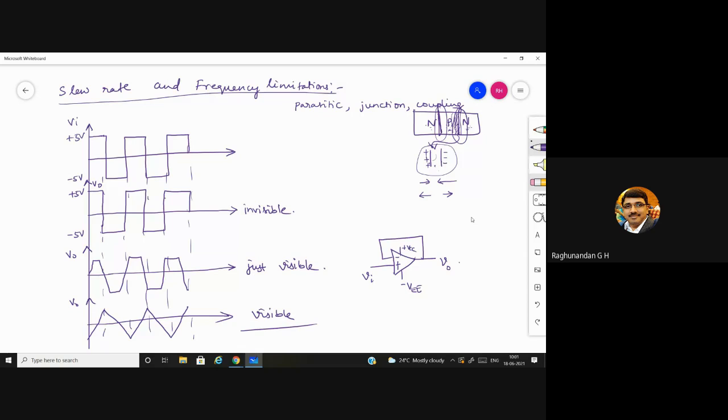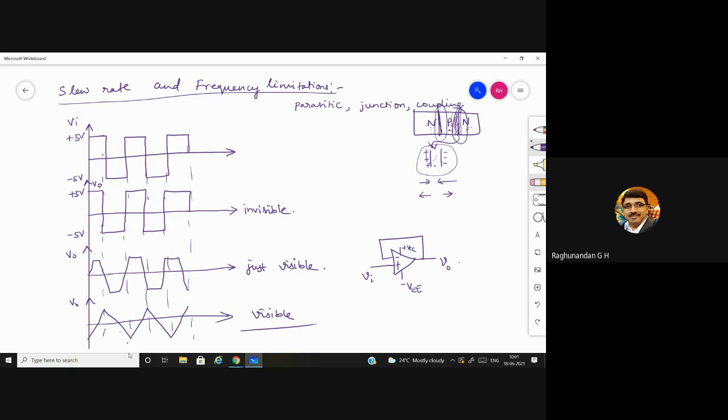So when you compare the input and this output, you can observe there is a slew rate problem. That means the output cannot be in line with the input because of the charging and discharging delays given out by the capacitors which are present in the transistors. So this is the cause and the frequency limitation.